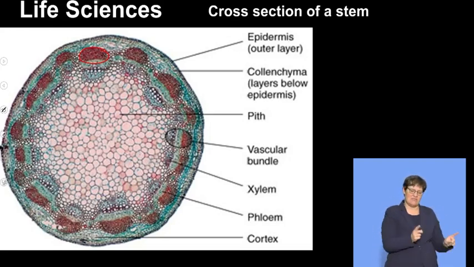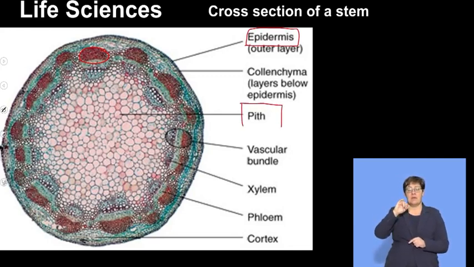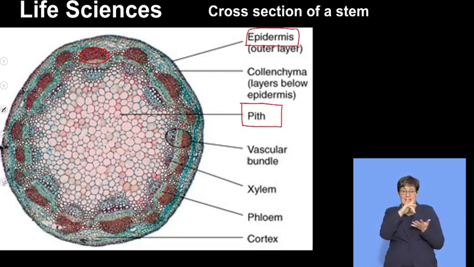of tissues. So what we're going to look at now is we've already found the epidermis. Sure, that was the easy one. And we have already found the parenchyma cells in the center, and that area of parenchyma cells is called the pith.